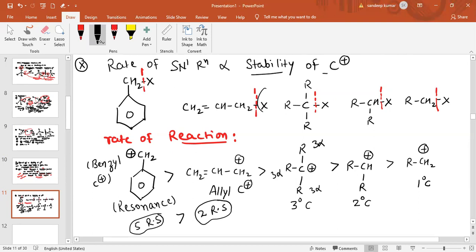Because the stability of carbocation is directly proportional to the rate of SN1 reaction, the order of carbocation stability and the rate of SN1 reaction will be the same. This is the way, after removal of halogen, you can compare the rate of SN1 reaction by the stability of carbocation.